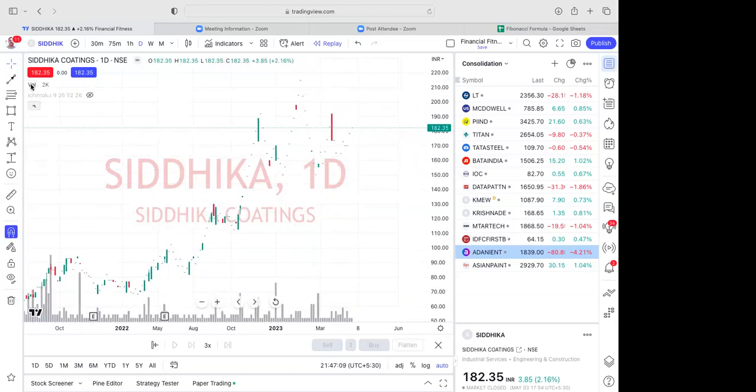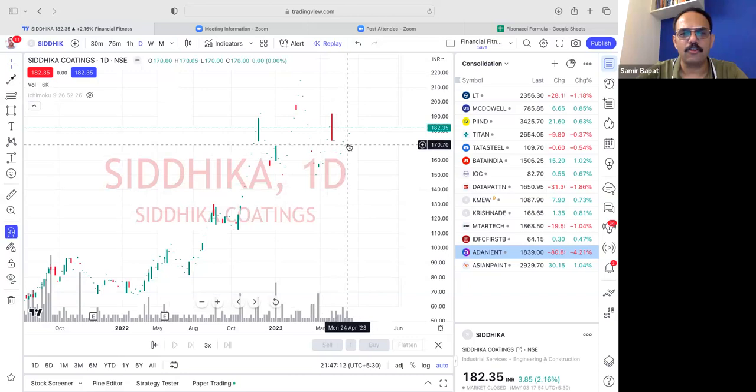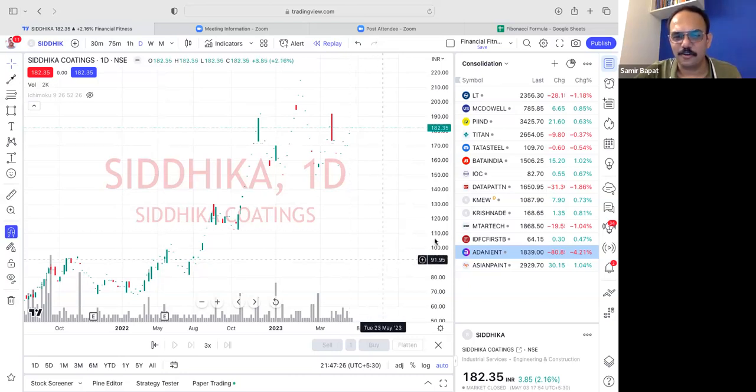This is abnormal behavior, because of the volume also. See, only 2000 shares are being traded. Even if I buy 2000 shares, it will take me only 32,000 rupees, and I can even put it in the upper circuit. So this is not a good stock to trade at all. I cannot trade it technically. So avoid it.